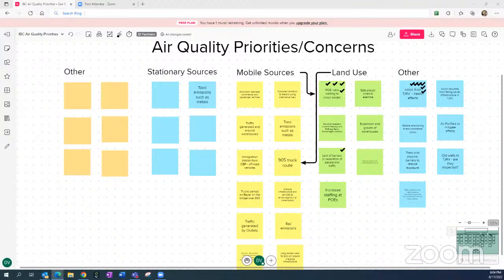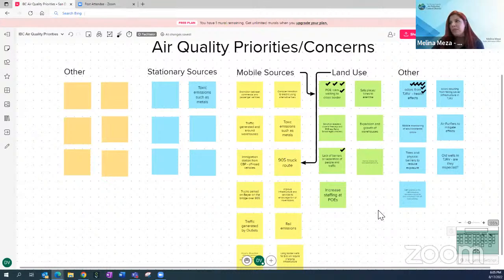The second one is that the supervisor does have an event that's unrelated to air quality, but it has to do with women's reproductive rights, and that's this Saturday, starting at 9 o'clock. And I can send Melina the link to share with everybody. But I just wanted to make those announcements. Thank you, David. And I will be sure to send that information out to the entire distribution list.